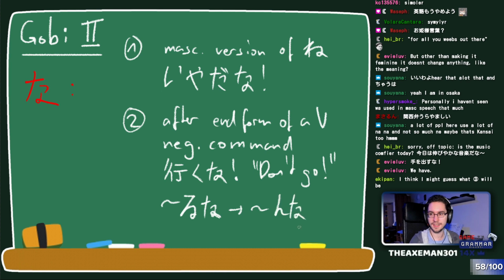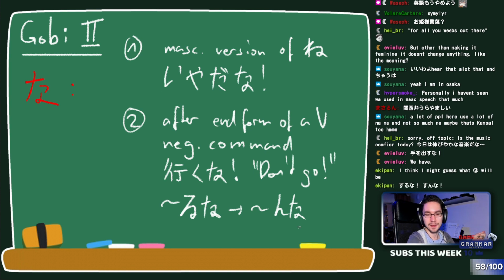And that might sound weird now, but listen to a bunch of examples and you're like, oh yeah, I've heard that before. So a lot of usage of suruna, you might hear contracted to sunna, right? So it'd be like, for example, don't study, don't do your homework, or something like 勉強すんな, like don't study. That would be an example. Or 食べるな could be shortened to 食べんな, basically like that. 話すんな.